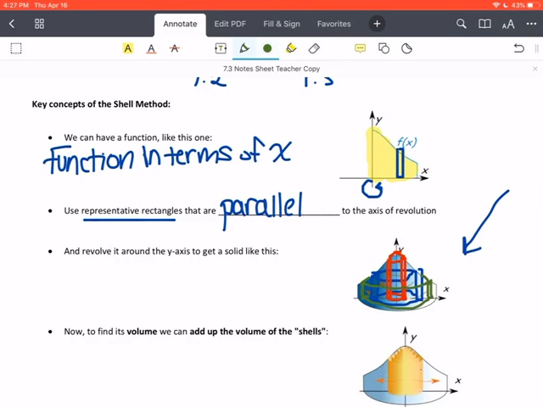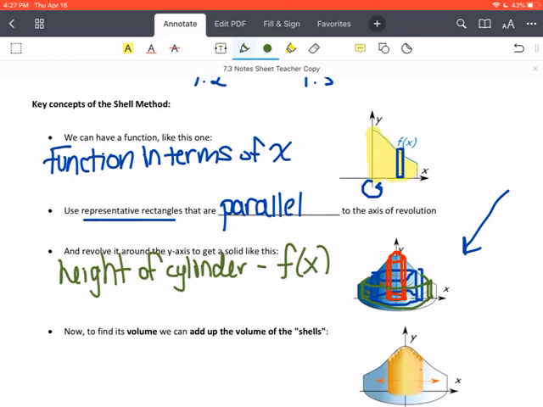So the key idea is that for those three cylinders that I just drew, the height of the cylinder is defined by the function value, written in terms of the opposite axis that you're revolving around. Remember, we were revolving around the y-axis, but our function is written in terms of x, so it'll be y equals. But then also, what controls the volume of each cylinder that we drew?